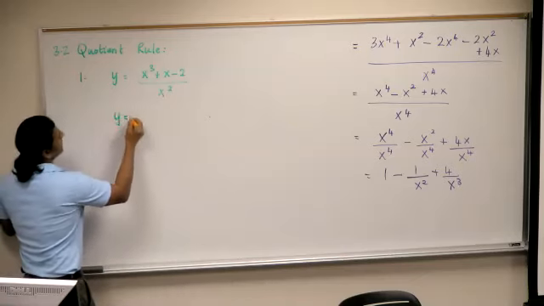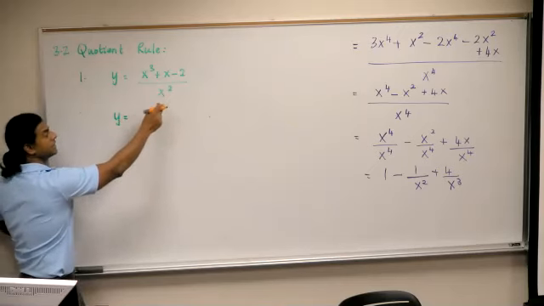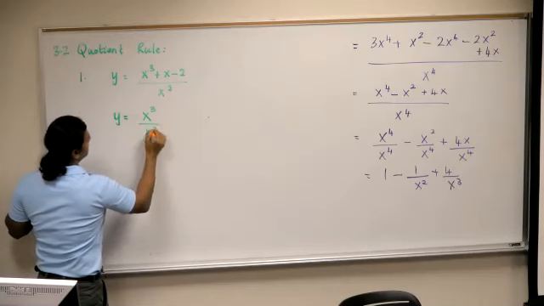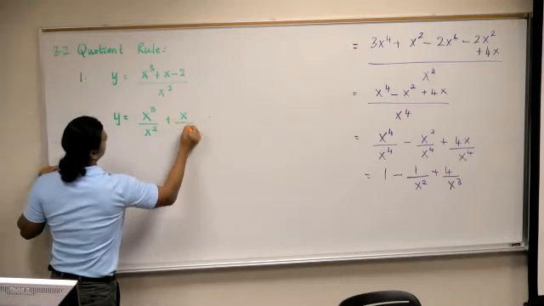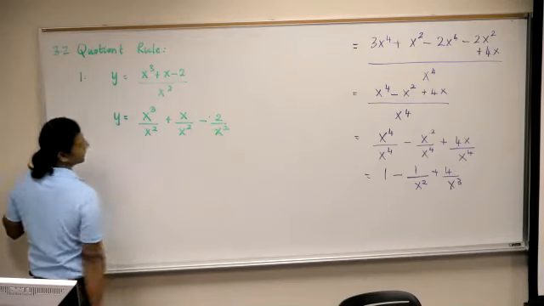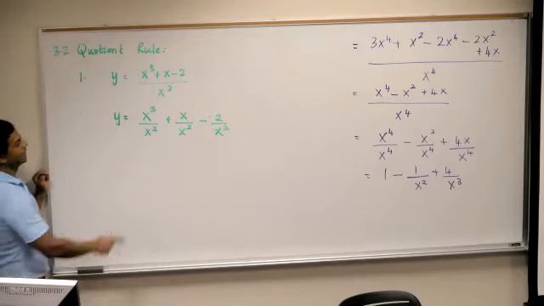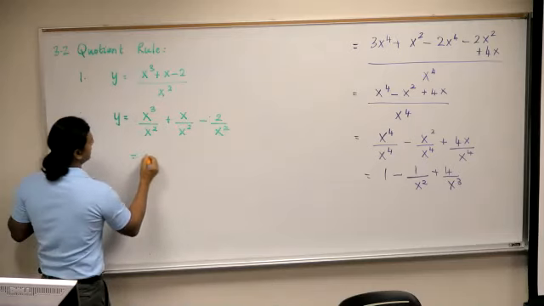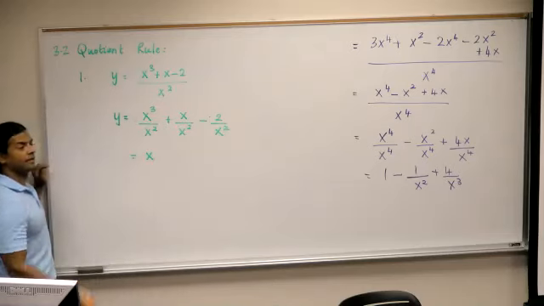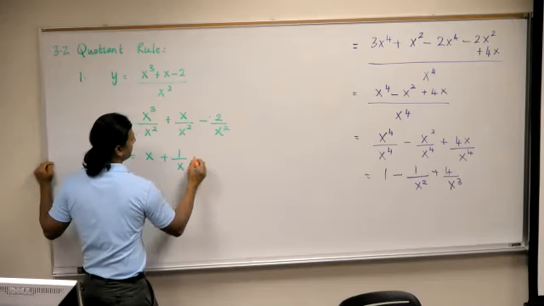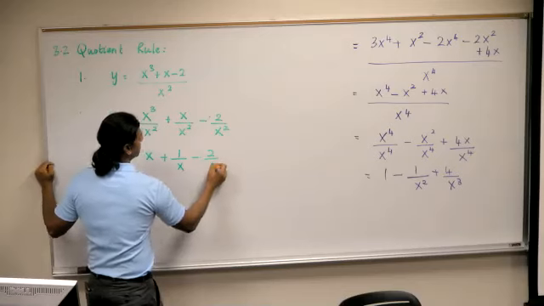Well, since I have a common denominator, I could write it as x cubed over x squared plus x over x squared minus 2 over x squared. X cubed over x squared, if I cancel, I will have x. x over x squared is 1 over x, minus 2 over x squared.